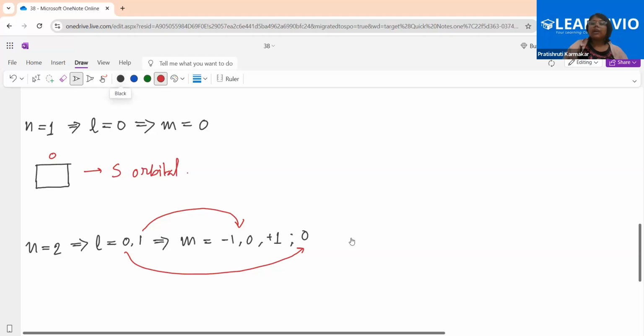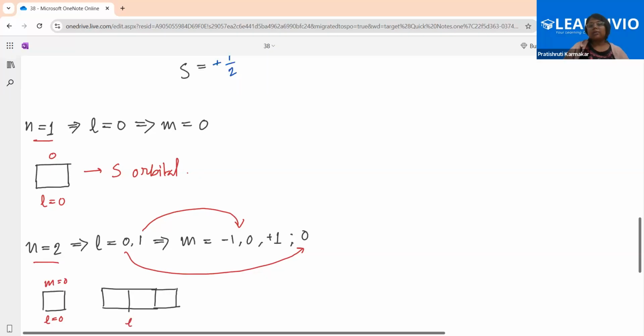Now when we have n equal to 2 we have two values of L: one is this one, for L equal to 0, and this is for L equal to 1. We know that L equal to 1 means it will have 3 boxes. So this is L equal to 0, m equal to 0, with n equal to 2.